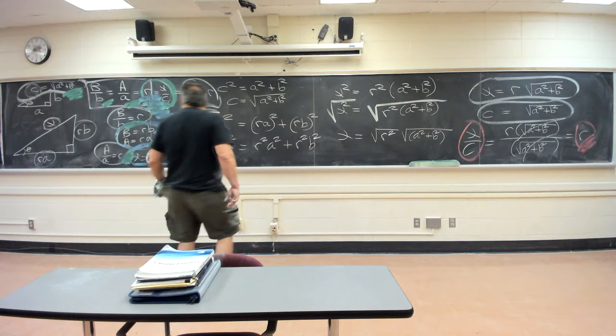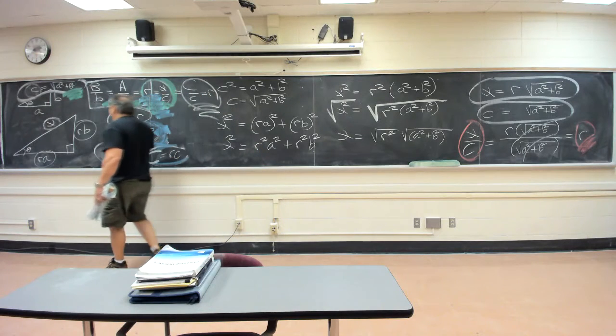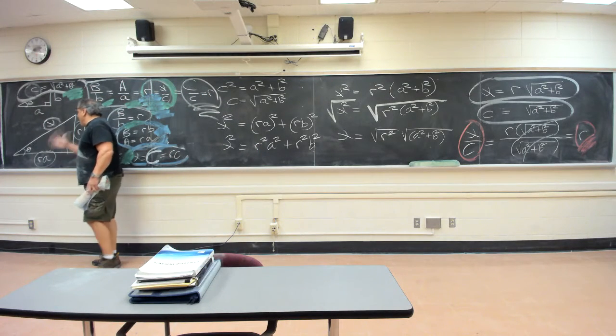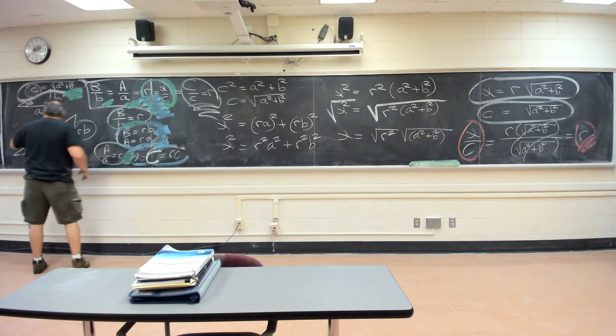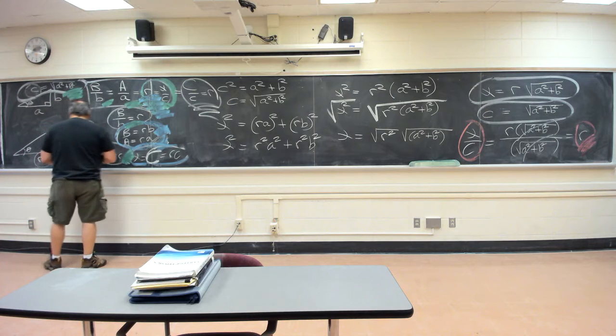I think you guys know where I'm trying to go here. You do any kind of ratios you want to do here. In fact, kind of interesting, let me try to say it again.